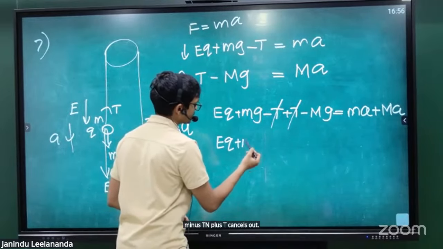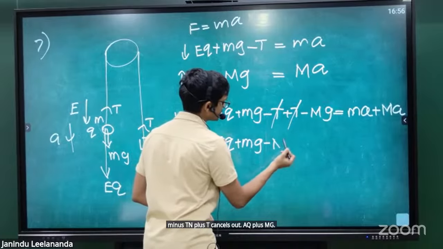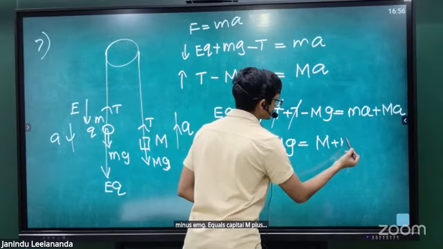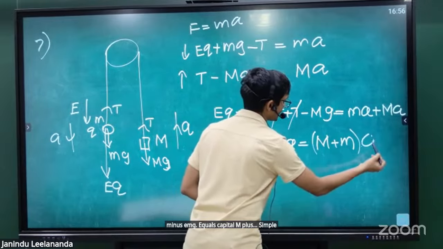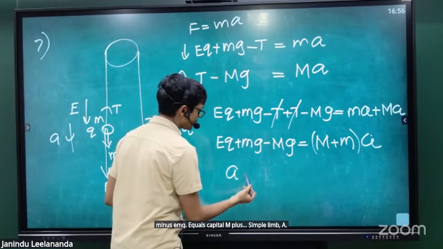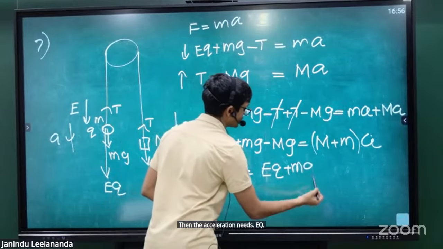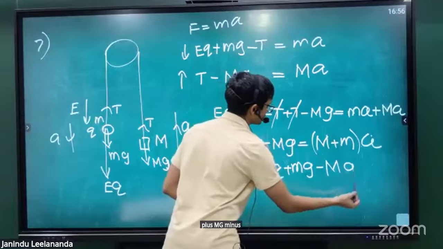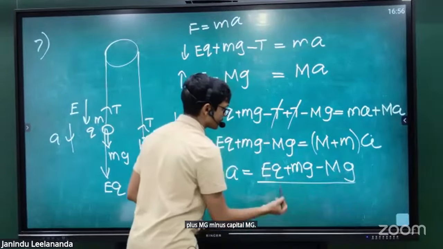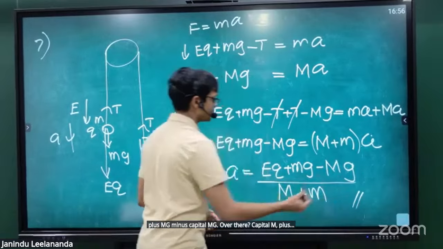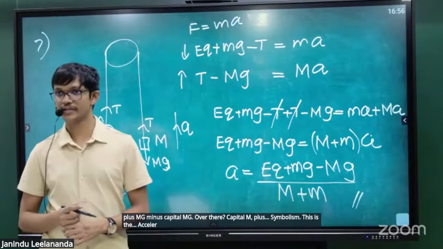EQ plus mg minus capital Mg equals capital M plus small m times A. Then the acceleration is EQ plus mg minus capital Mg over capital M plus small m. This is the acceleration. Clear?